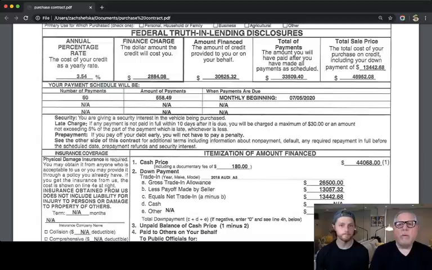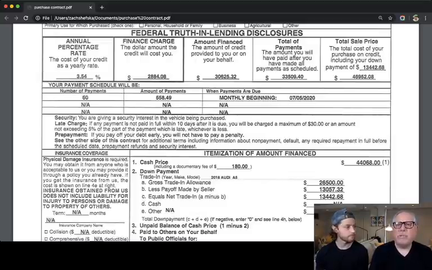Now, the amount financed that you're making those payments on is $30,625.32. That includes whatever money you put down, whatever trades there might have been. That's the amount that the bank is going to pay to the dealer when the dealer turns the contract into the bank. That's how the dealer gets paid.